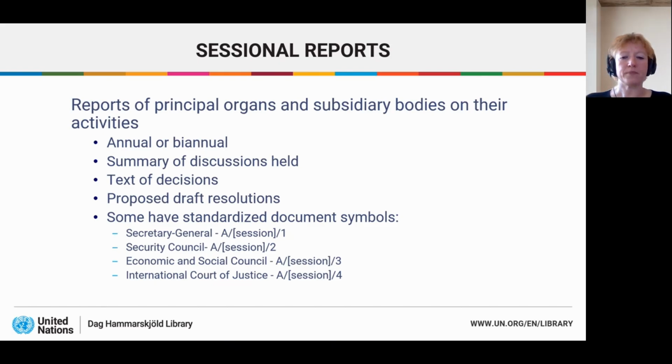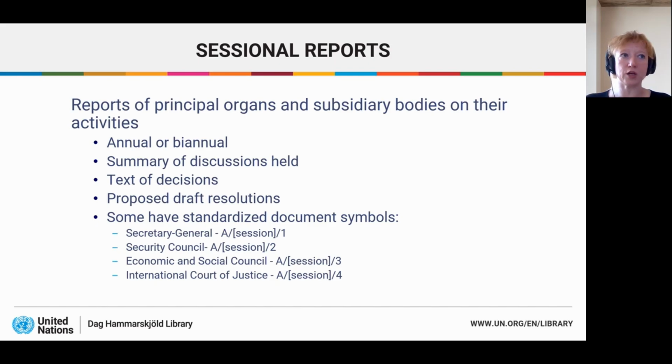So the other principal organs and the subsidiary bodies of the General Assembly report on their activities. They do this on an annual or a biannual basis. And these reports contain all kinds of documentation related to the work of this body during a specific time frame.